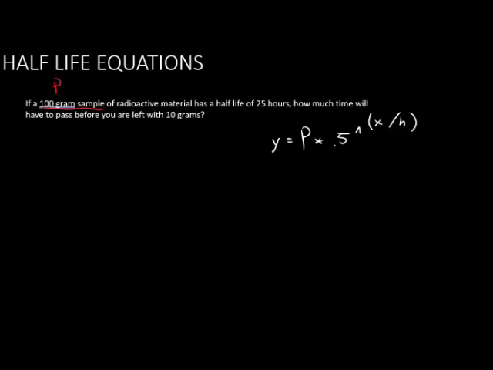That will be our starting material, or P. We are also given the half-life is 25 hours. The letter we use for half-life is H. We are also given another mass, and we're going to be left with that 10 grams. If it's what you're left with, we're going to call that Y because that's the amount remaining.